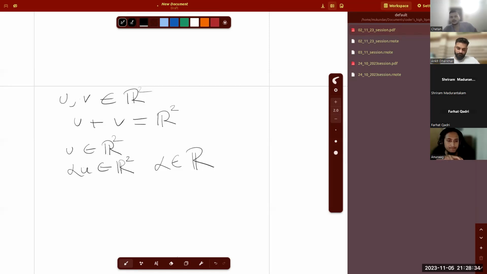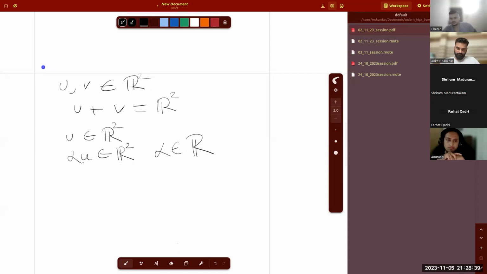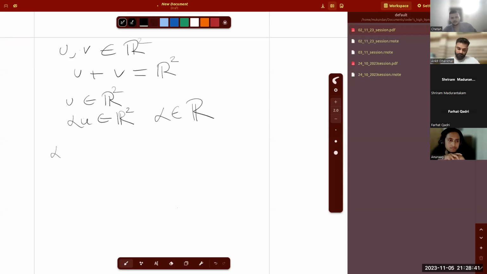What happens when we combine these two conditions? Say I have two vectors, u and v, and if I multiply some real valued constant with them and I add them, that should also lie in the vector space.